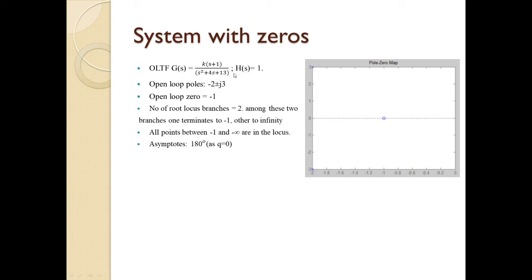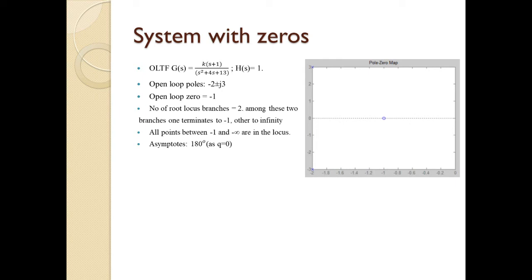For this we can use the quadratic formula, and we get minus 2 plus minus j3. So there are two poles: minus 2 plus j3 and minus 2 minus j3. And it has a single zero located at minus 1. So the number of open loop zeros is equal to 1, located at minus 1.